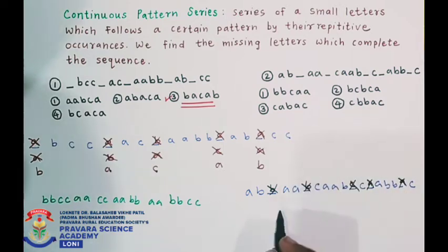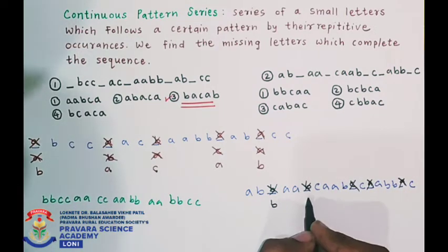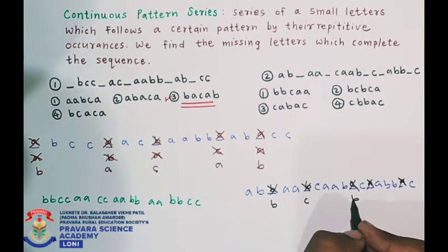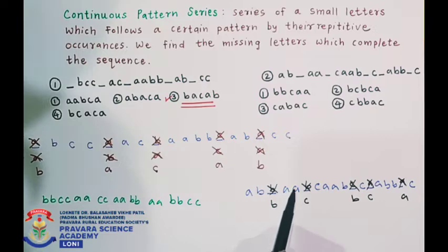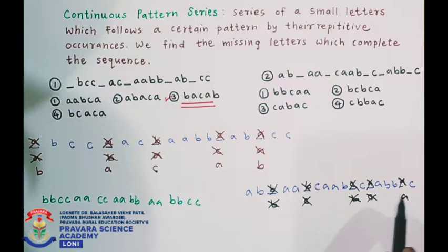Now we'll try the second one: B, C, B, C, A. So here A, B, B, A, A, C, C, A, A, B, B, C, C, A, B, B, A, C. Again there is no repetition pattern followed.